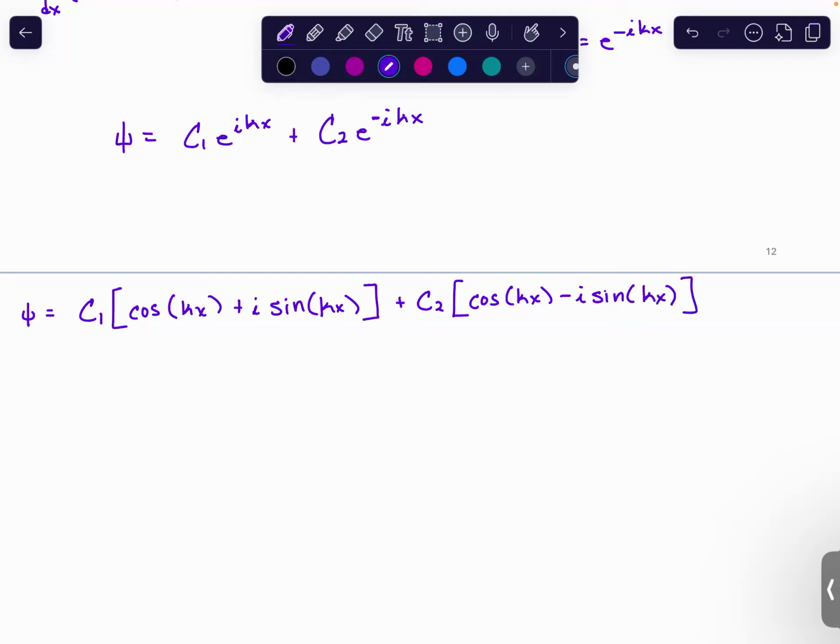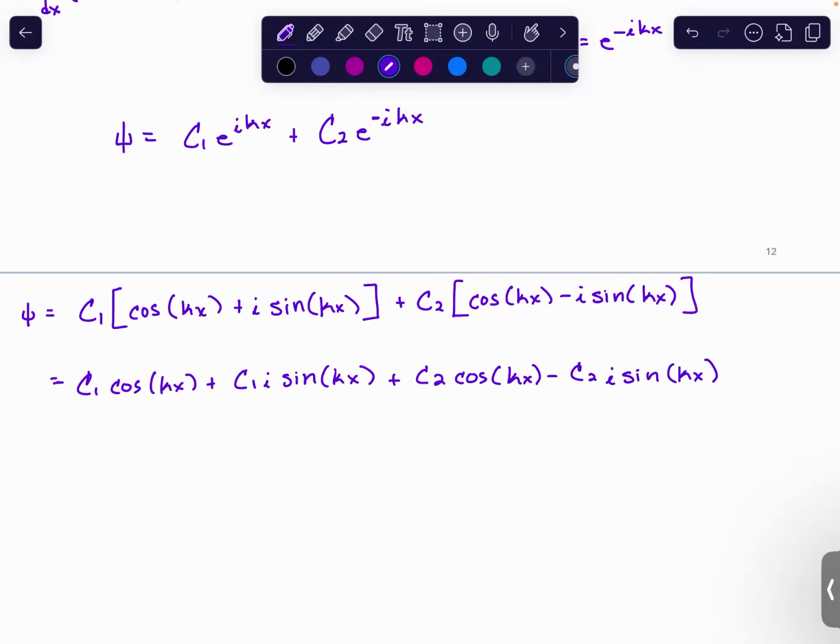Okay, so now we've translated in our Euler for our exponentials. Now let's start combining terms. So C1 cosine kx plus C1 i sine kx, C2 cosine kx minus C2 i sine kx.